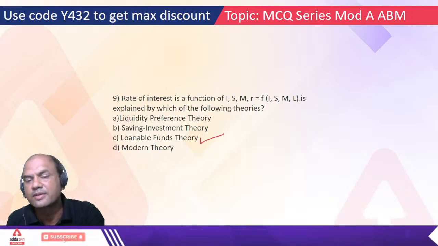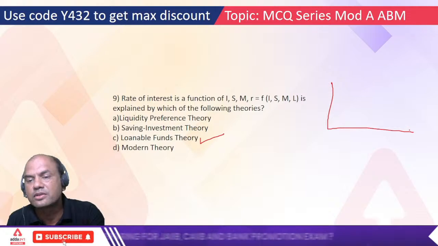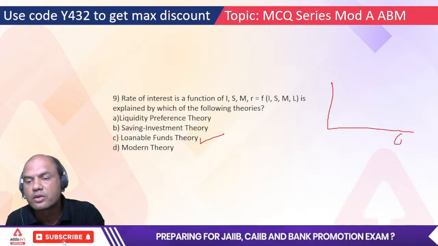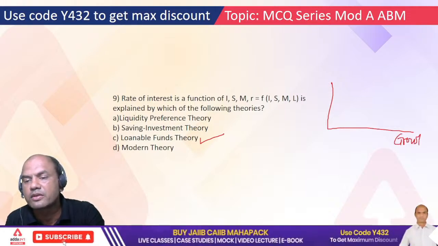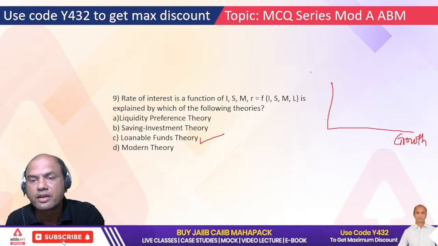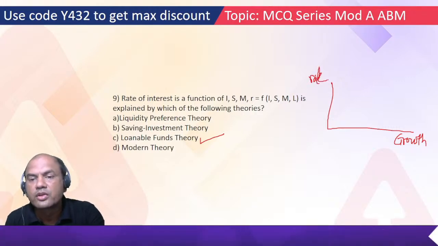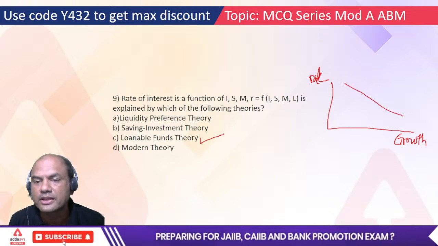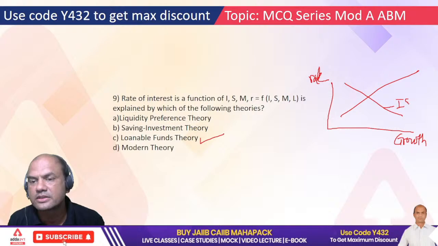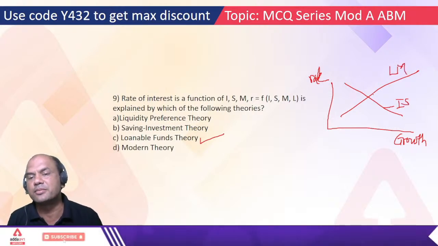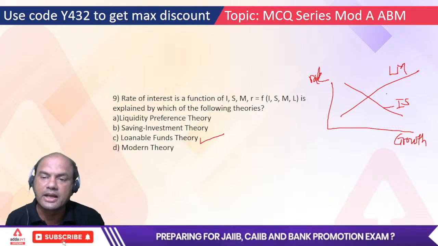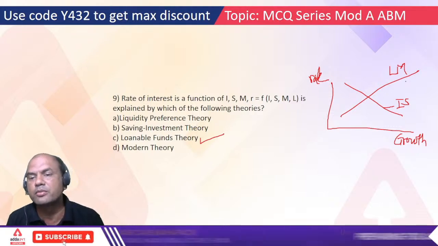I'll explain. The IS-LM curve is like this. Growth or GDP over here, and here it's the rate. The IS curve moves downwards, and the LM curve moves upwards.